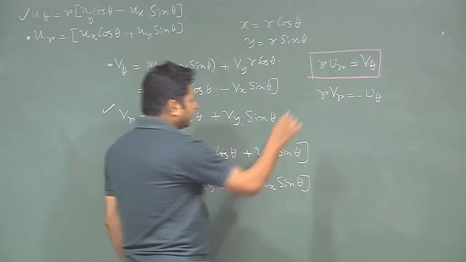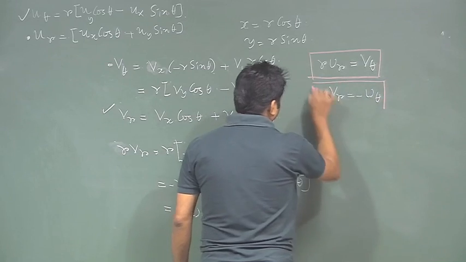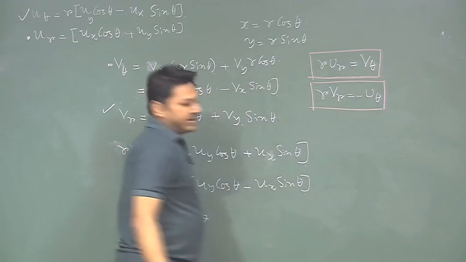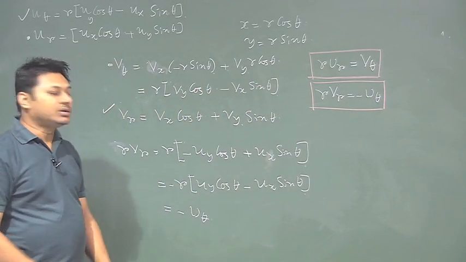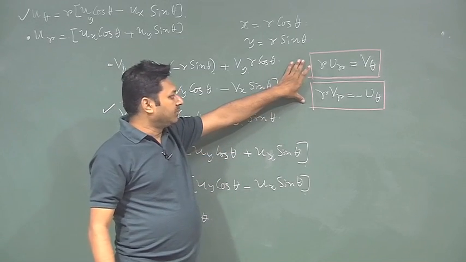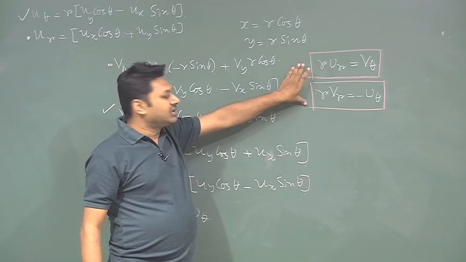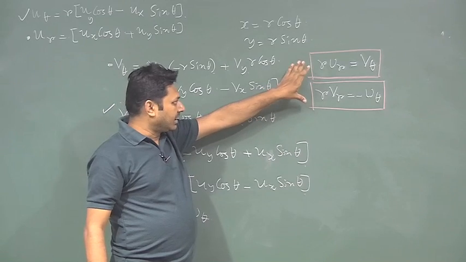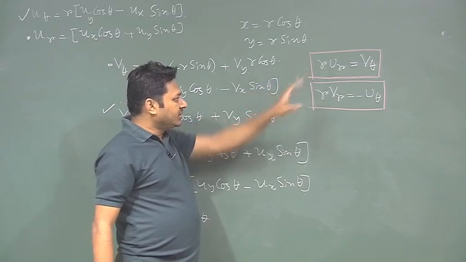So, these are the two expressions that we have. This is the same relationship, the Cauchy-Riemann equation, that we have in Cartesian coordinates, now in polar coordinates.